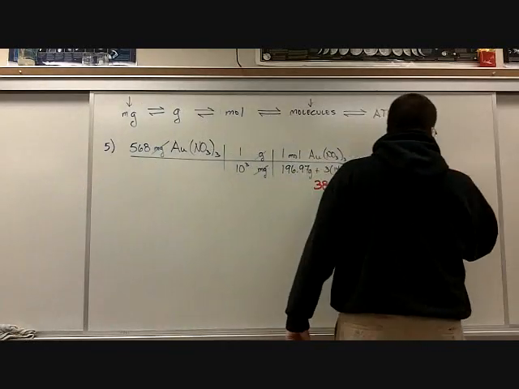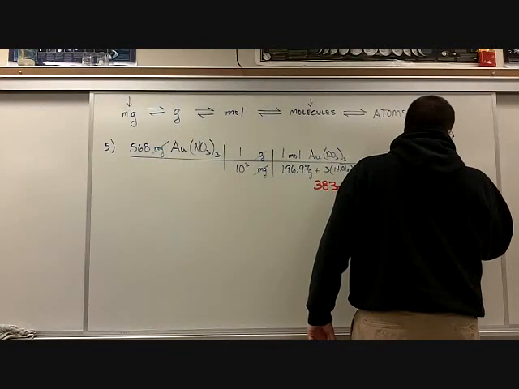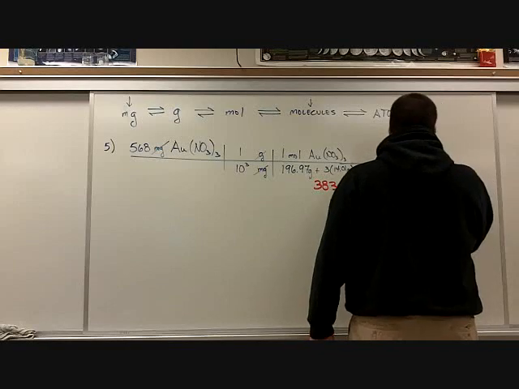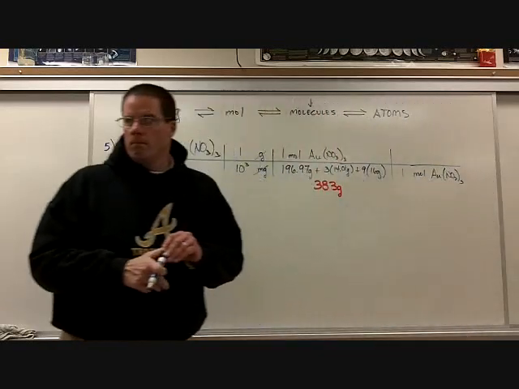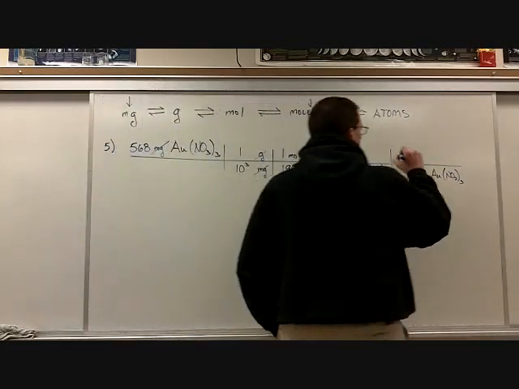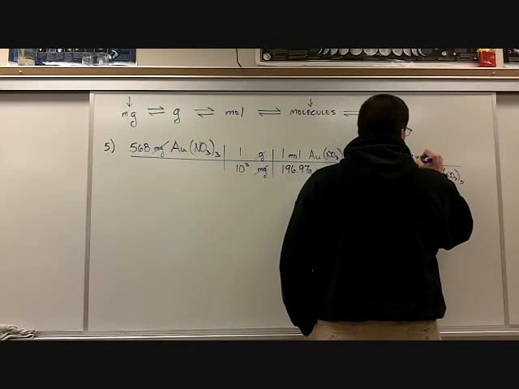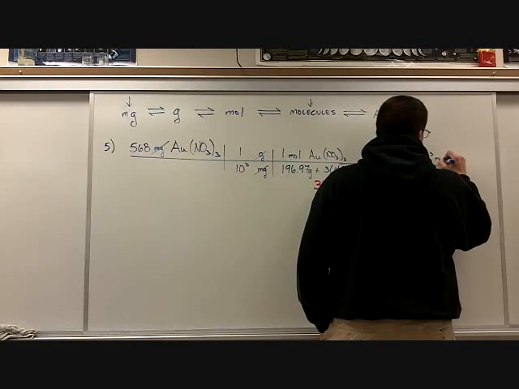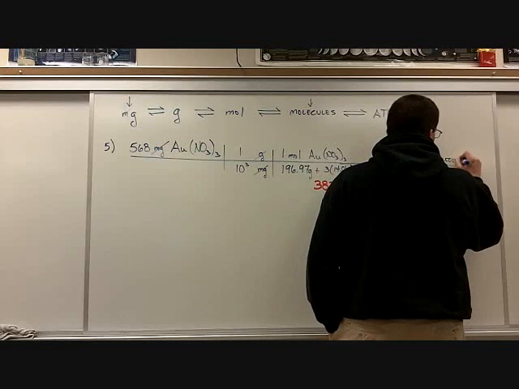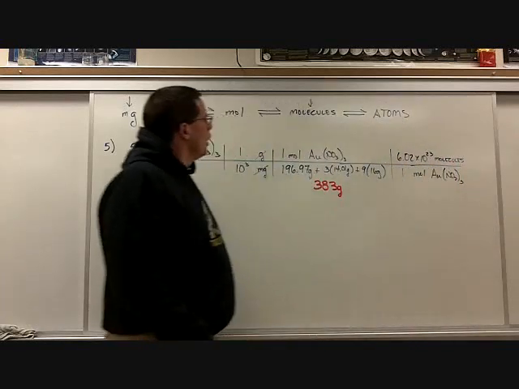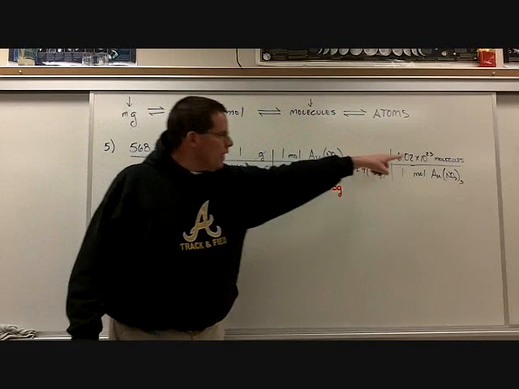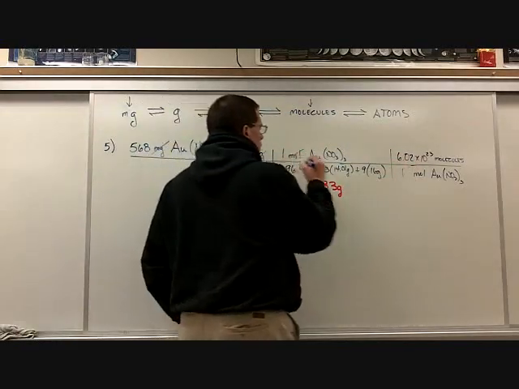So 1 mole of gold 3 nitrate has how many molecules in it? Correct. We will always have Avogadro's number of molecules in that. Okay. That's where we're looking for. That's the unit we have. Moles will cancel out.